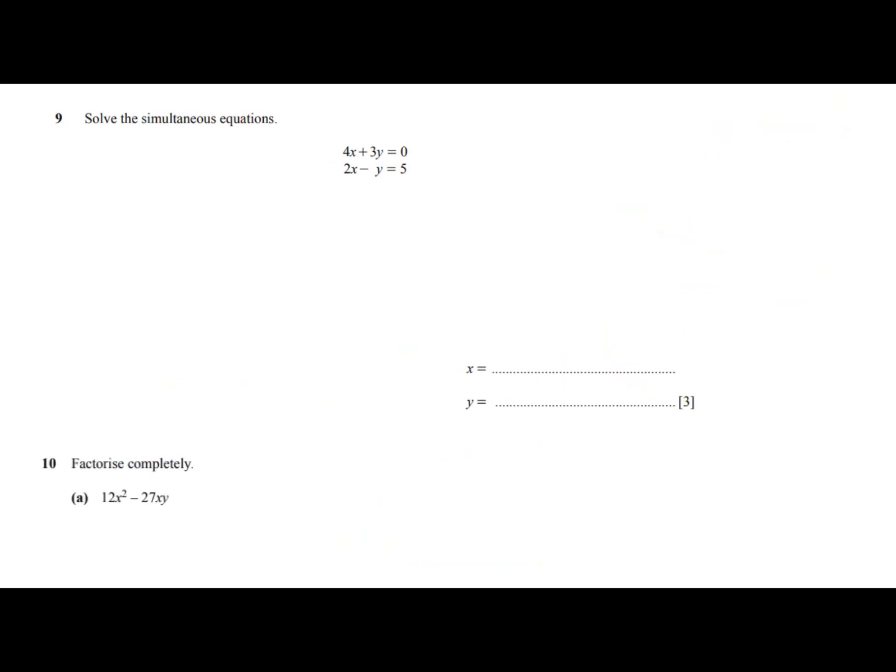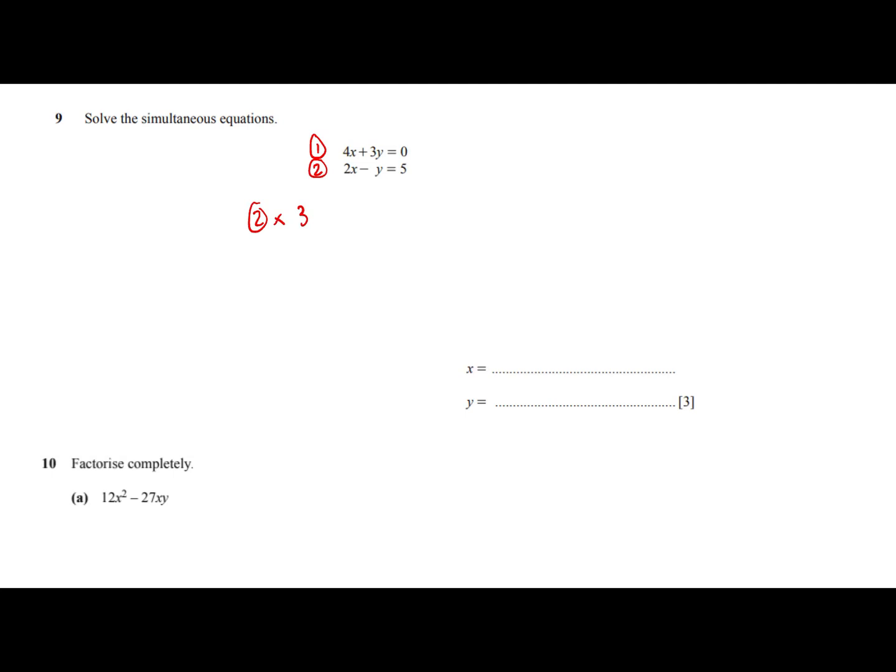All right. Now, question 9. Super disappointed with my guys here because you know what to do. You demonstrated that you knew what to do by first of all calling this equation 1 and this equation 2, and then multiplying equation 2 by 3.